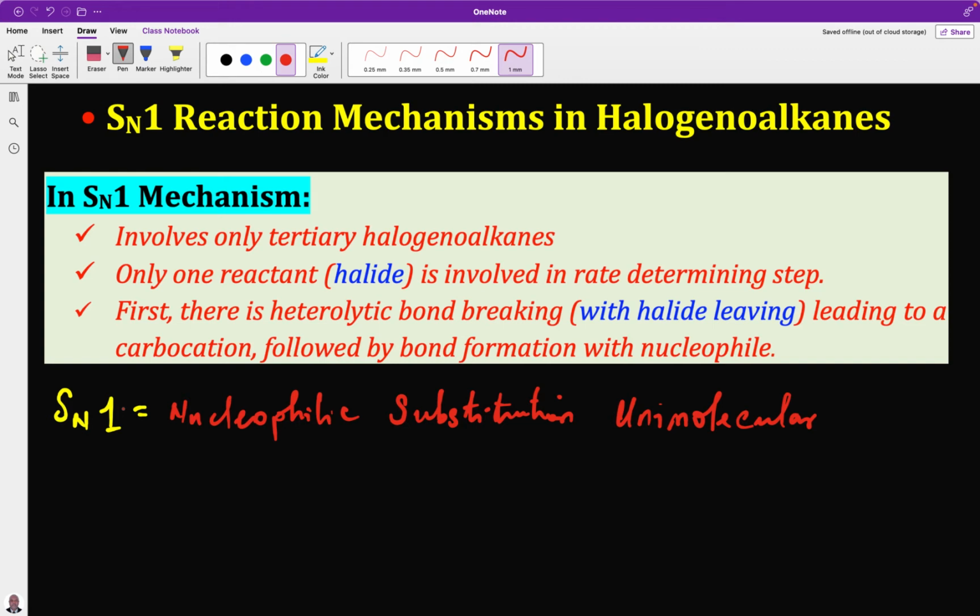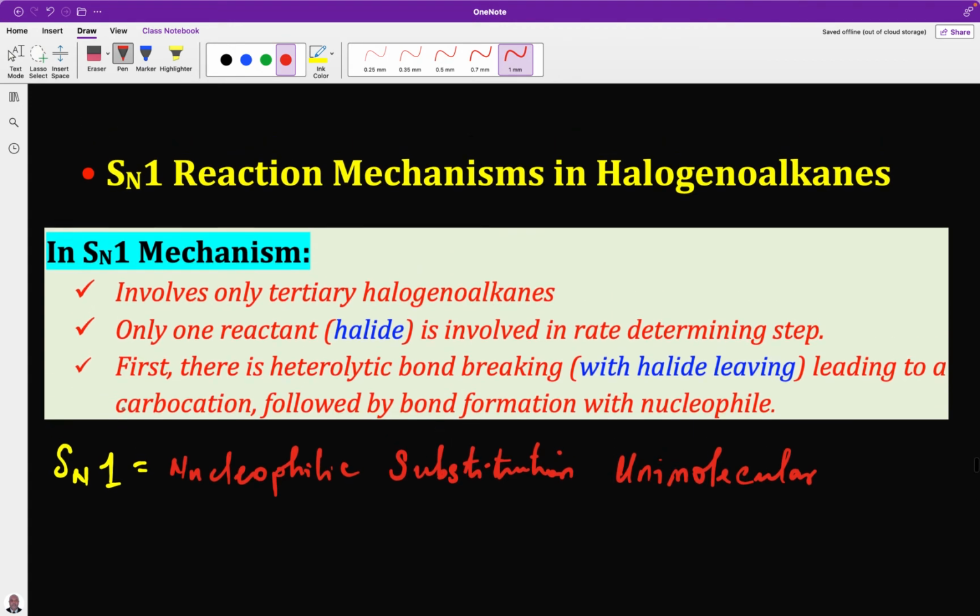The type of halogen involved in an SN1 mechanism is only tertiary halogenoalkanes. I showed you an example of a tertiary halogenoalkane.